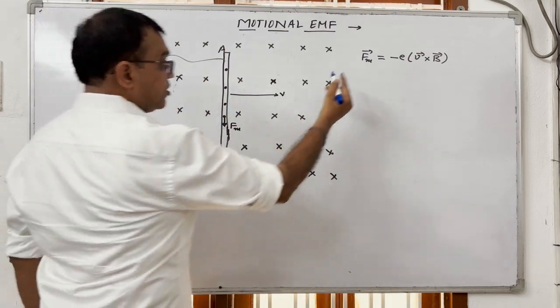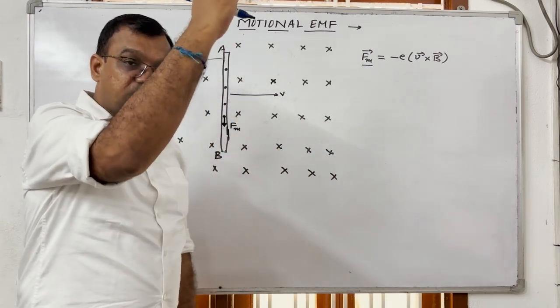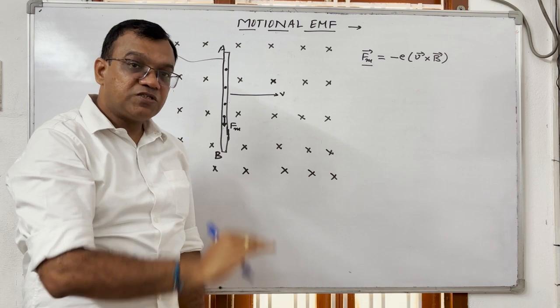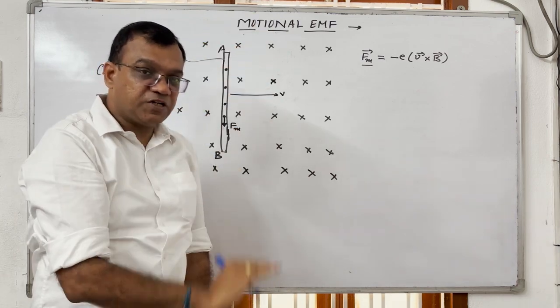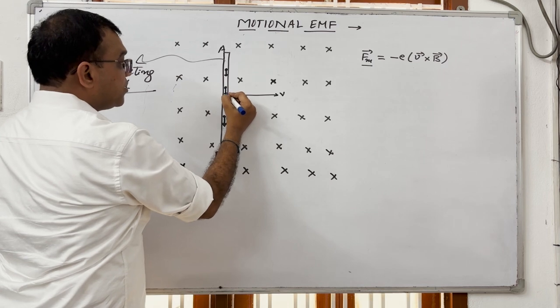So they experience the magnetic force. Because of this magnetic force, the electrons will start drifting down. Electrons will start moving down.